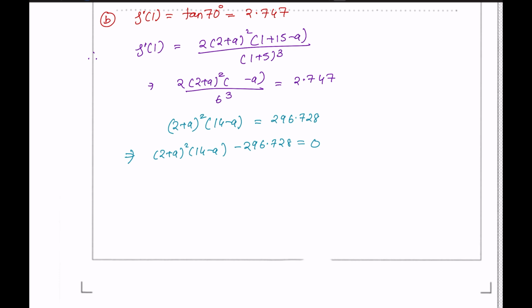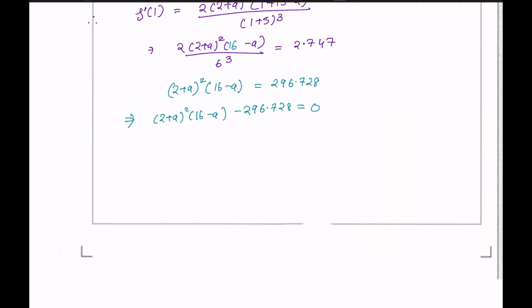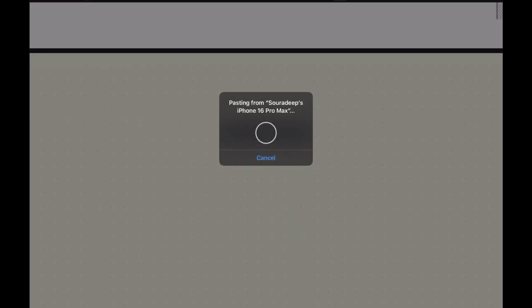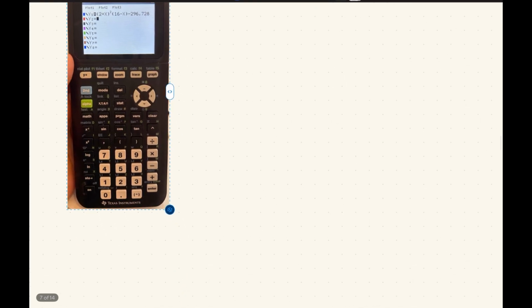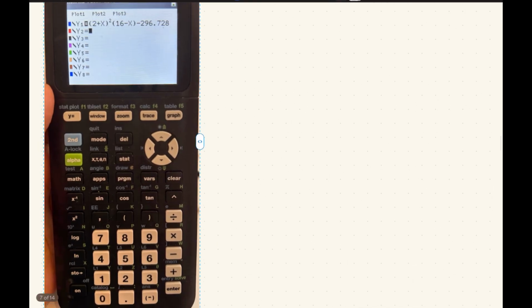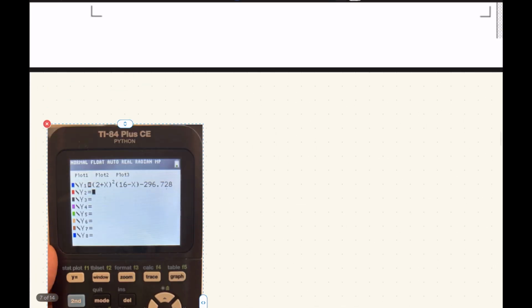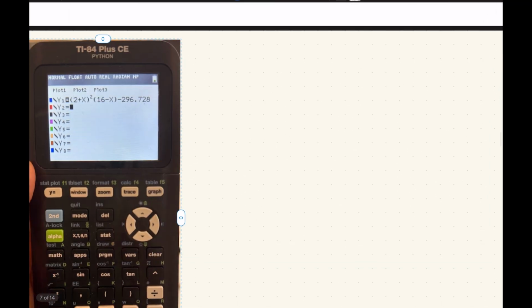Small calculation error here. 1 plus 15 would be 16. I subtracted it accidentally. Now this is how you should enter it in your calculator. This is the exact expression that should be entered, and this is how your curve would look.